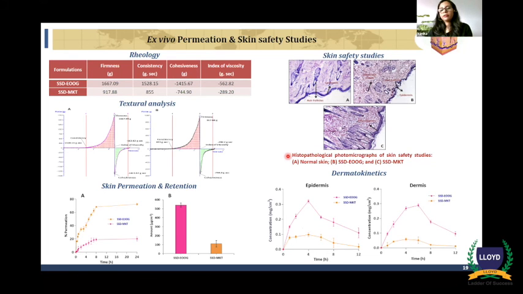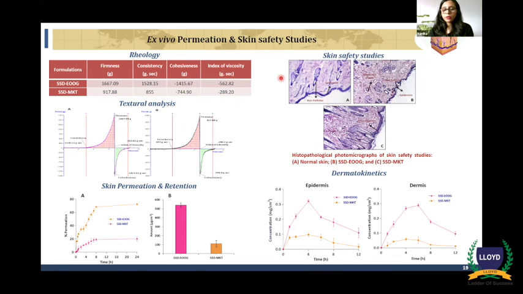Is there any kind of inflammation, erythema, redness, etc.? And secondly, these skin samples can be easily harvested, and then microscopic images could be obtained in order to see what kind of changes are taking place in the formulation treated skin as well as the comparator which we had. In this case we had a marketed formulation to compare.